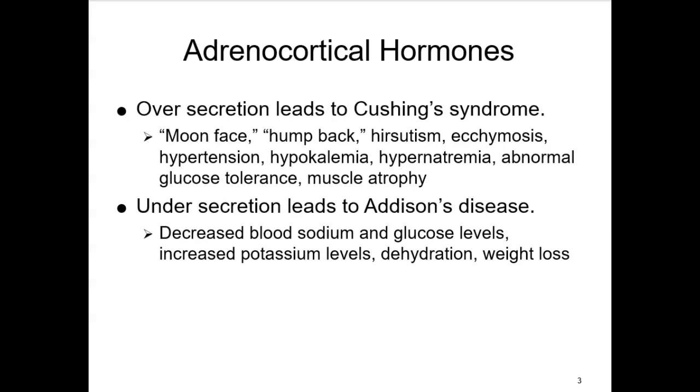We often talk about undersecretion or oversecretion of hormones, and that's what gives us the disease states that we're interested in. If we have too many of the hormones being secreted, specifically our mineralocorticoids and glucocorticoids, that leads us to something called Cushing's syndrome. The words used to describe that are moon face, humpback, hirsutism, which is the extra hair growth, and ecchymosis, so they're easily bruised. They have increased blood pressure, their potassium can drop, and sodium goes up.